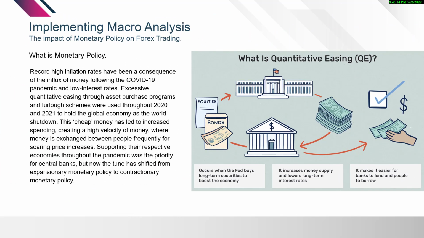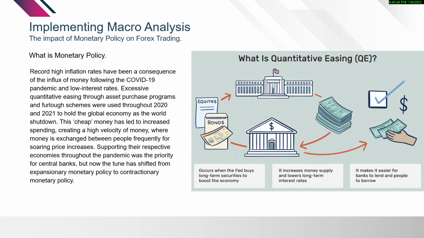So with the record high inflation rates that have been a consequence of the influx of free money flowing during the COVID-19 pandemic and low interest rates, we all know that when COVID struck, almost the majority of central banks had low interest rates. Why? Because inflation was very low, so there was no need to have high interest rates, right?